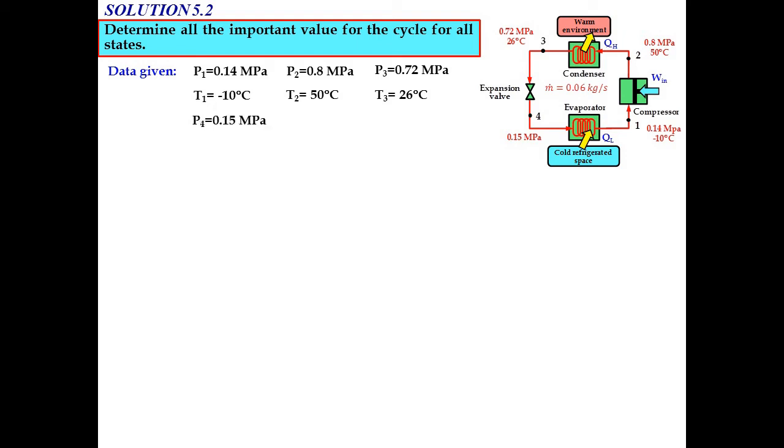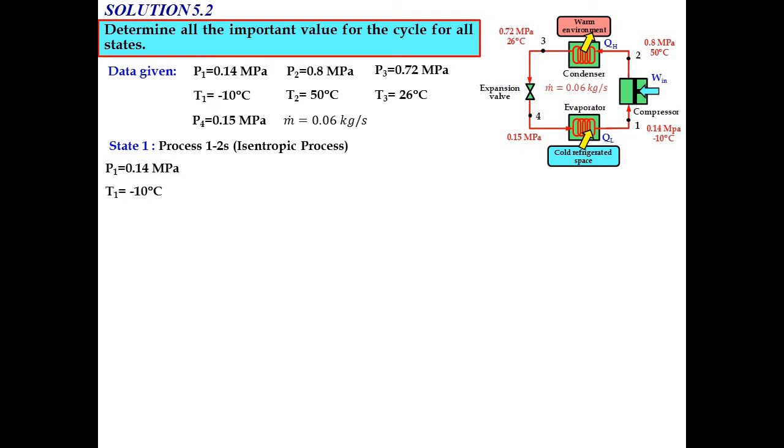For state number 4, we have P4 equal to 0.15 megapascal. The question also gives you the mass flow rate, where m dot equals 0.06 kilogram per second. We will have an isentropic process from state number 1 to state number 2s.